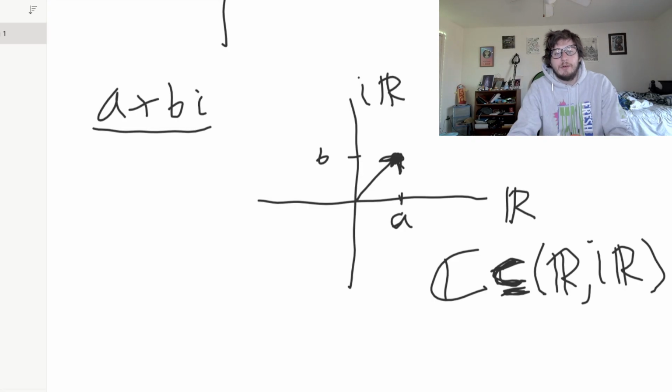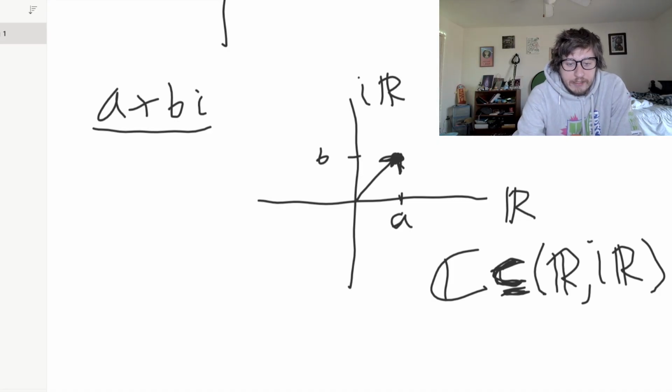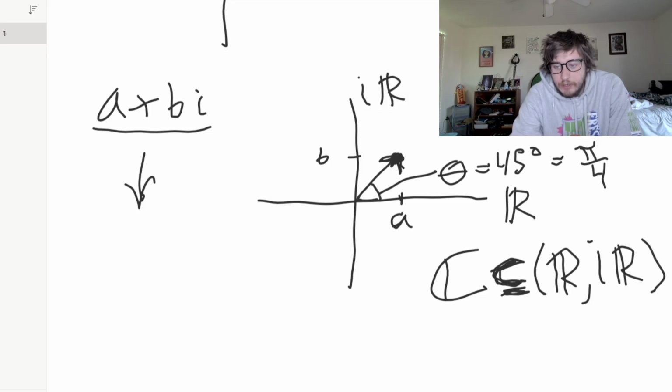Okay. Now we have the a component and the b component, right? Another thing that's true is you can also write a complex point using a 45-degree angle, or pi over 4, and think about this distance as just 1.